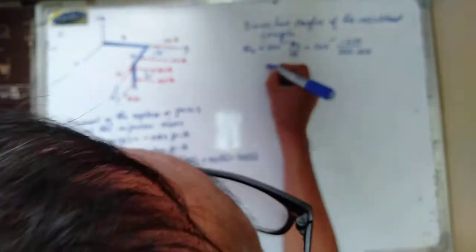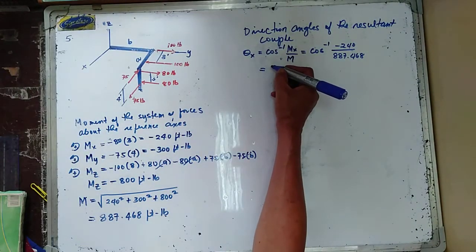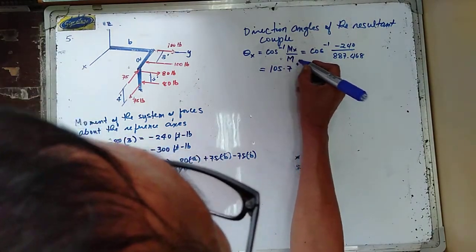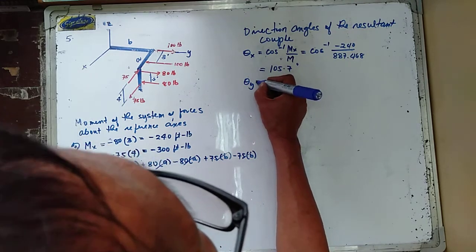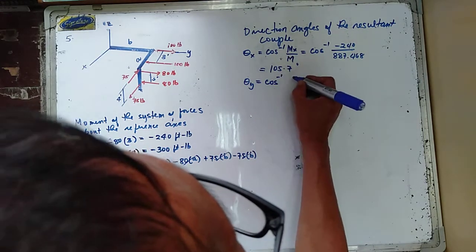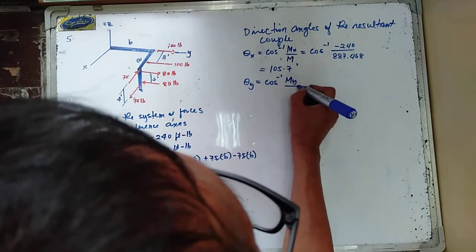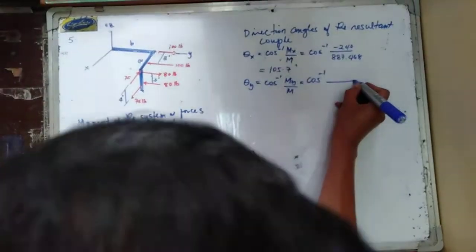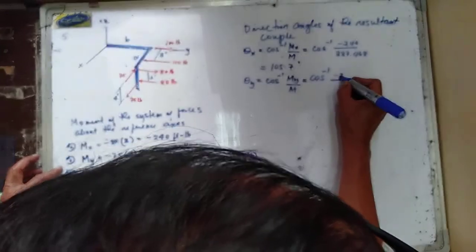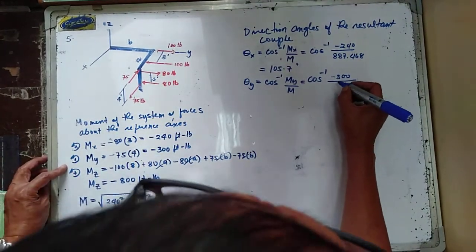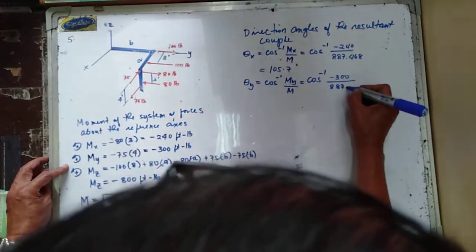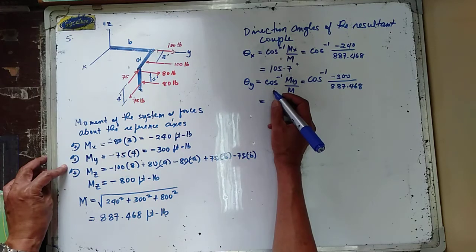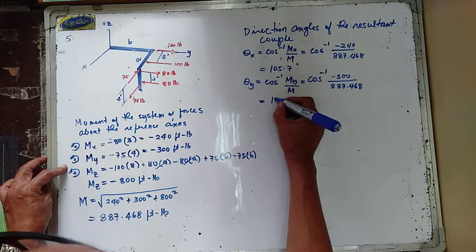This is therefore equal to 105.7 degrees. And your theta y is equal to the arc cosine of My all over M, which is the arc cosine of negative 300 all over 887.468. This is equal to 109.8 degrees.